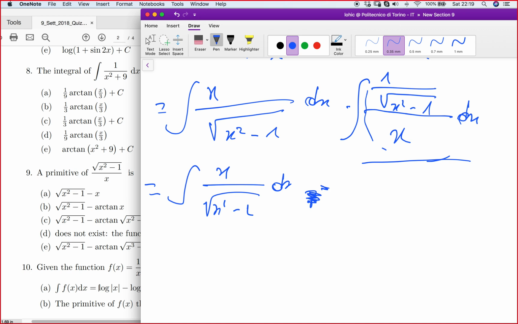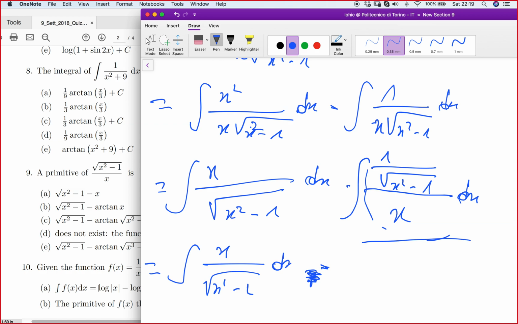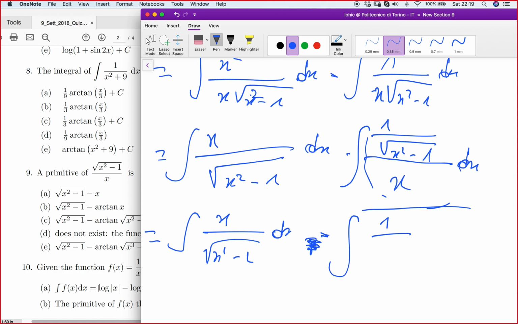At this step, I ask you to multiply up and down by x. So it is minus the integral of, I write the same thing, 1 over square root of x squared minus 1 over x. Now look, I am going to multiply here by x and up by x.